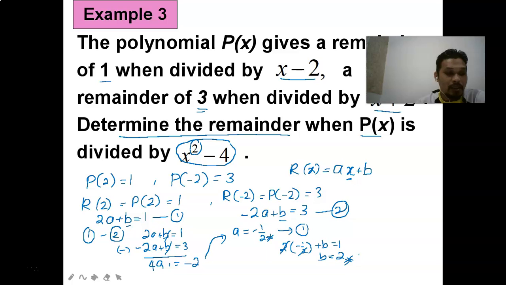Then the remainder, when a equal to negative 1 over 2, ax plus b, so the remainder is negative 1 over 2 x, and b equal to 2.